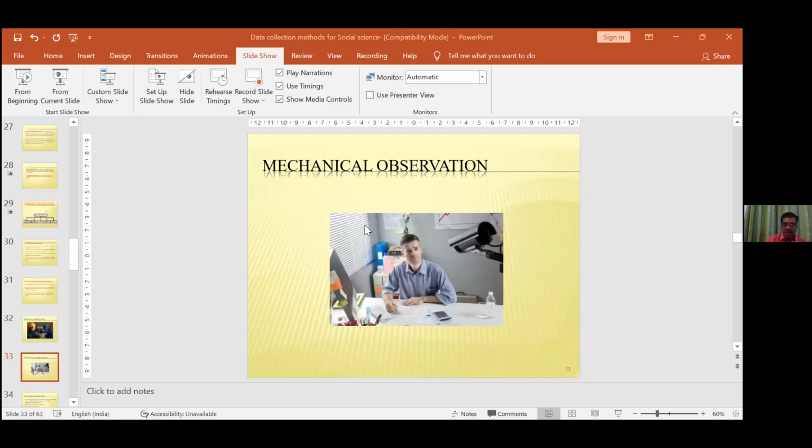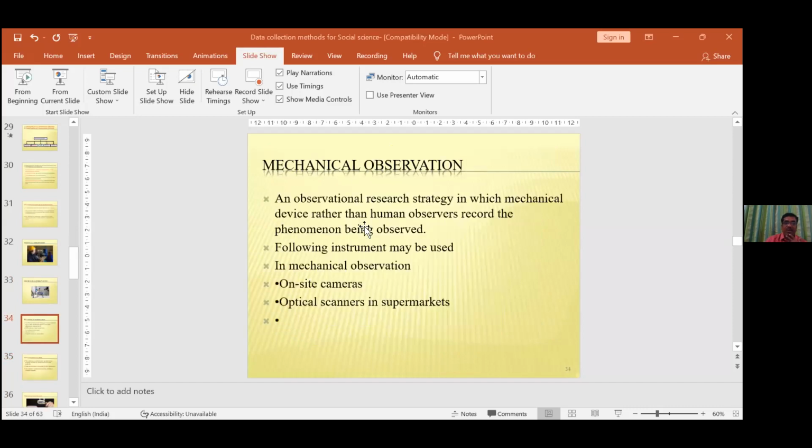That is, your behavior pattern is observed by some mechanical device, for example an on-site camera or an optical scanner in a supermarket. When you go to the supermarket, your movement will be observed with the help of optical scanners, so your eye movement might be captured.